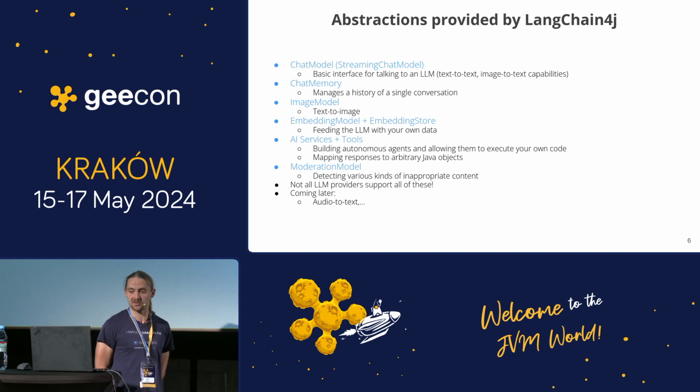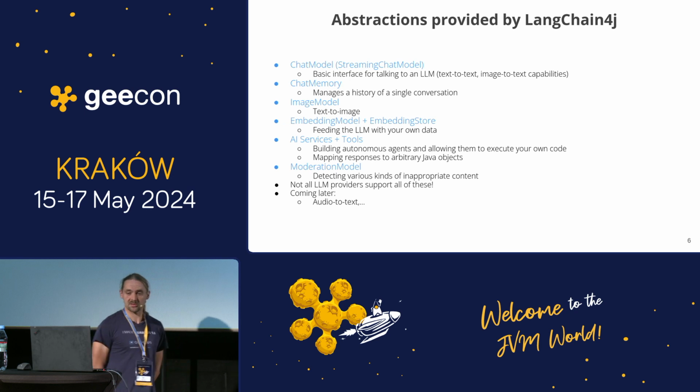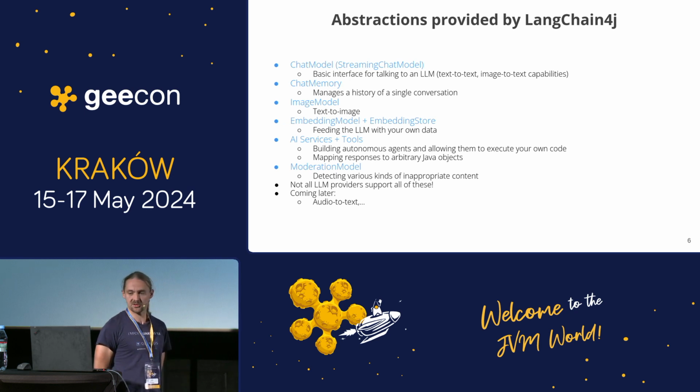We support text-to-image models, where you provide a textual description of what you want the model to draw for you. We support embedding models and embedding stores, which is important for Retrieval Augmented Generation.